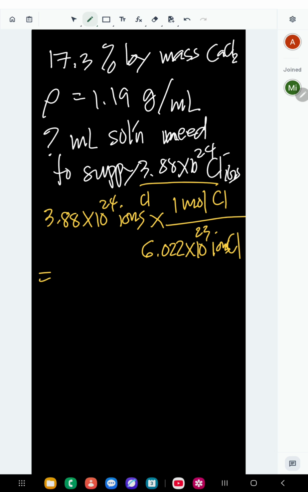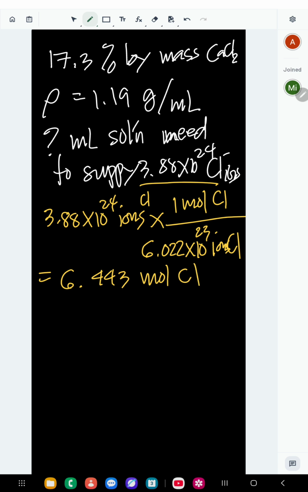So what is that? 3.88 times 10 to the 24 divided by 6.022 times 10 to the 23rd. What did you get? Okay, 6.443 moles chlorine.